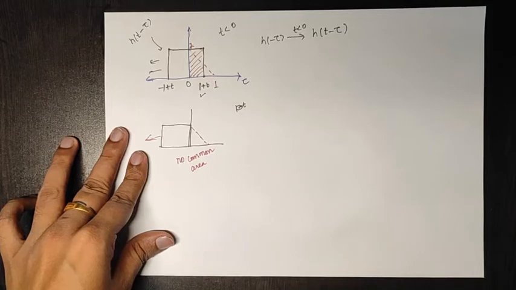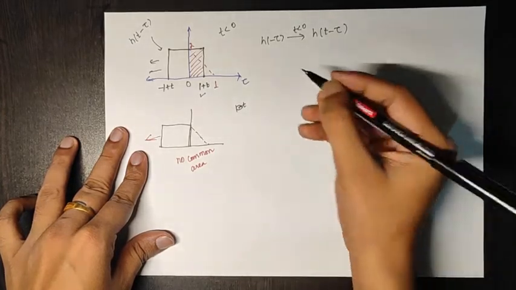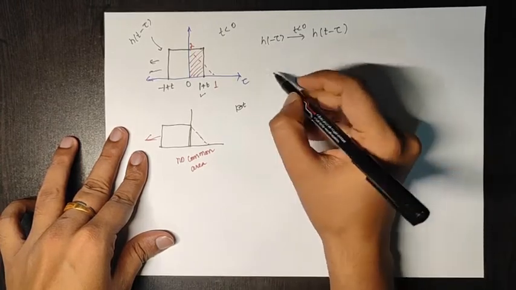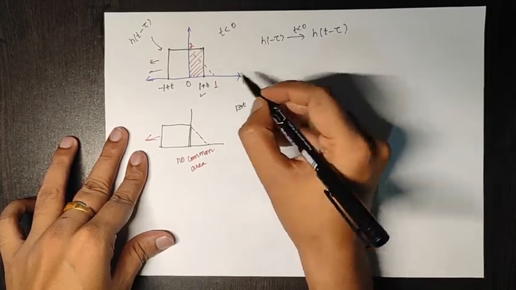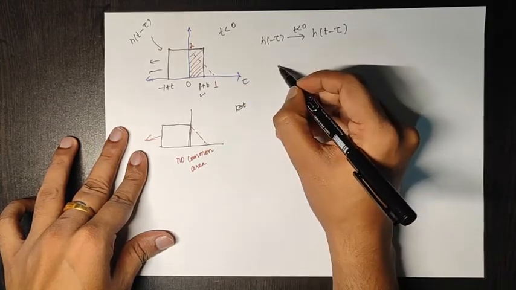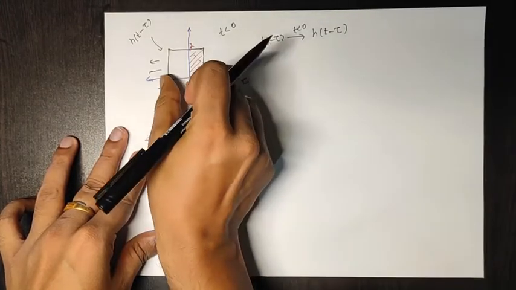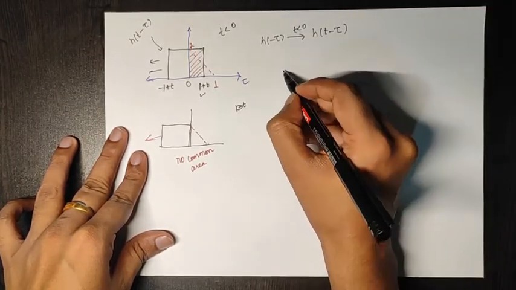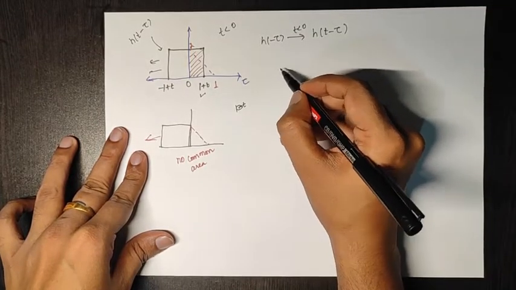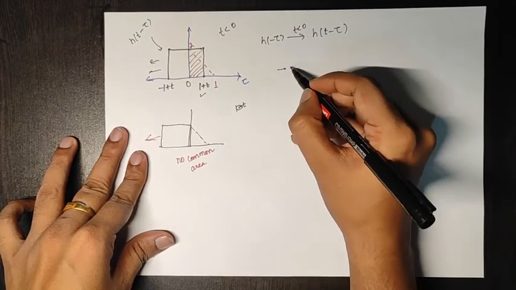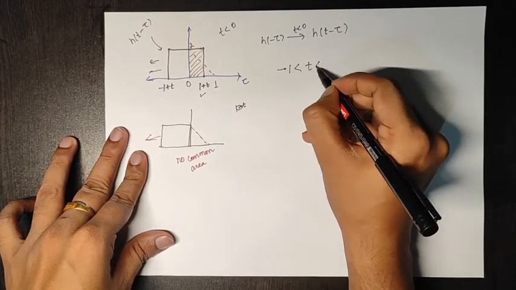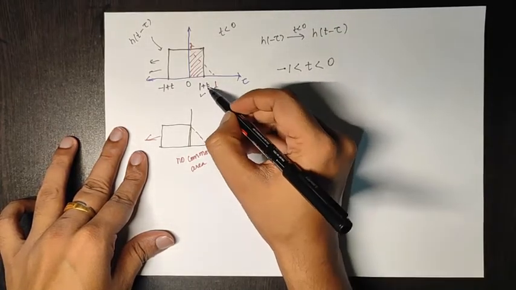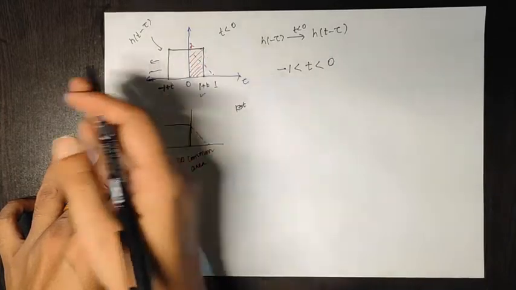So we can say that for the interval, t has been shifted leftward to a maximum of 1 unit, so we can write it here for the interval of minus 1 to t to 0. Now we have shifted from t equal to 0 by 1 unit leftward.